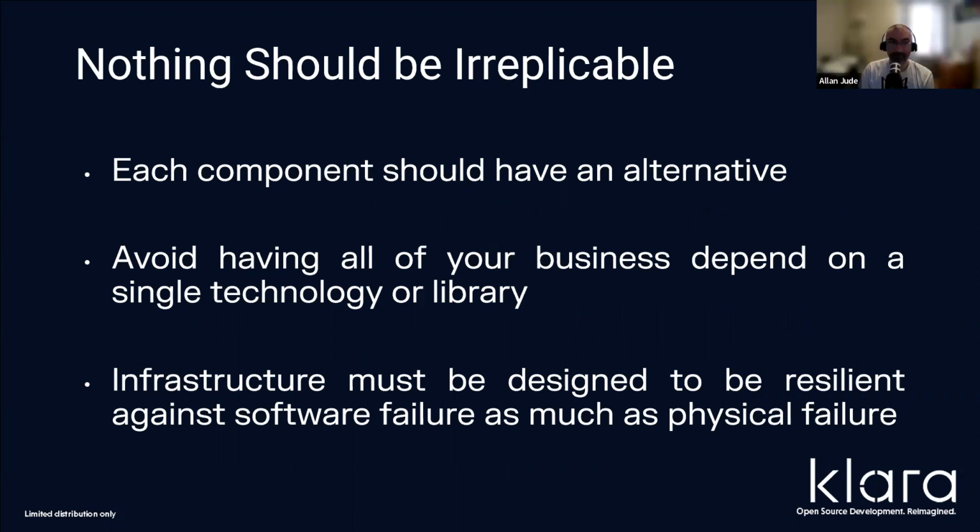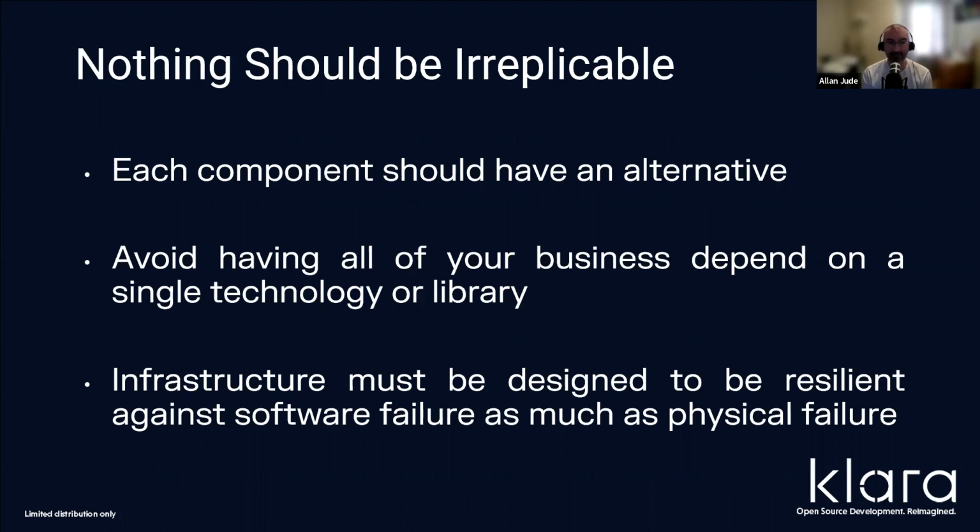So yeah, the key point of our presentation today is that nothing should be irreplaceable. Each component should have an alternative. And ideally, you'll be using at least 2 of these, or at least one additional version of everything, so that when something bad happens, it's not that you have to switch to an alternative, it's just that some fraction of your infrastructure is already using that alternative.